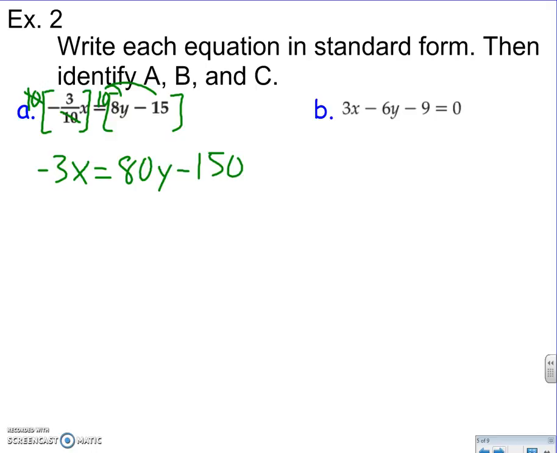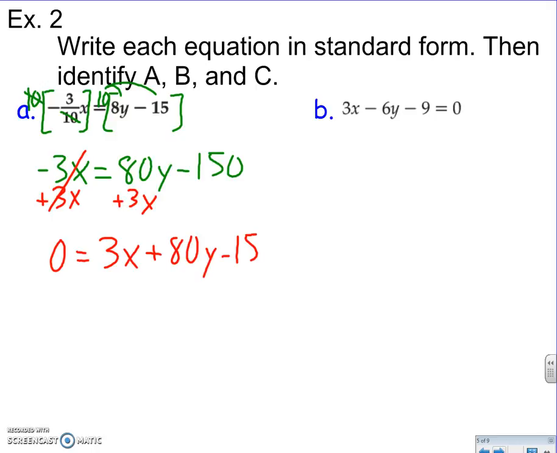Alright, I need x and y on the same side with the number next to x, A, positive. So I'm going to move this negative 3x to the other side. So now I have 0 equals positive 3x plus 80y minus 150.